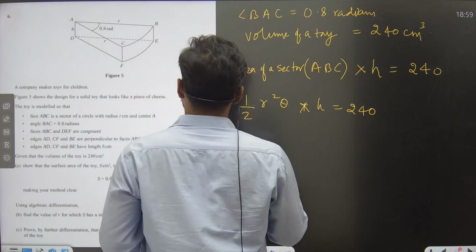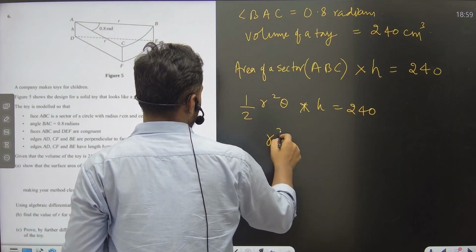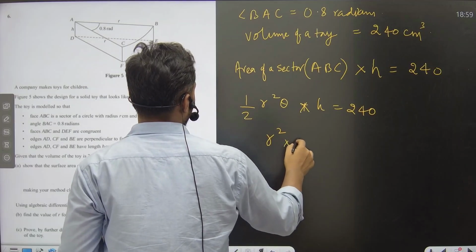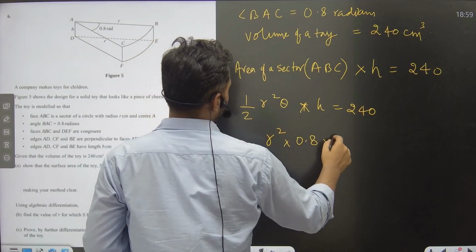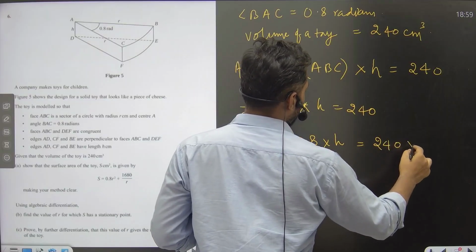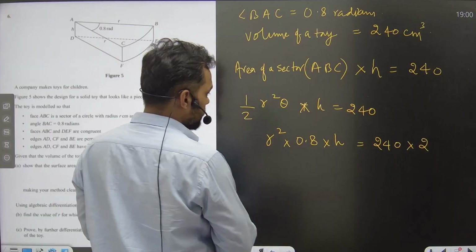Okay, what is r? We'll take r as r only because radius is not mentioned, but for theta it will be 0.8, and for h it will be h, and it will be 240 times 2. I have transposed 2 to the right hand side, so we are getting it like this.